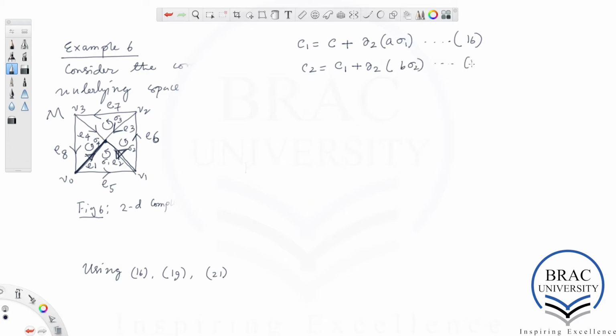This was 19. And what's 21? Let me write 21 for you. 21 is the modification in the last step or the third step, C3 equals C2 plus del 2 D sigma 3. This is 21. Okay.